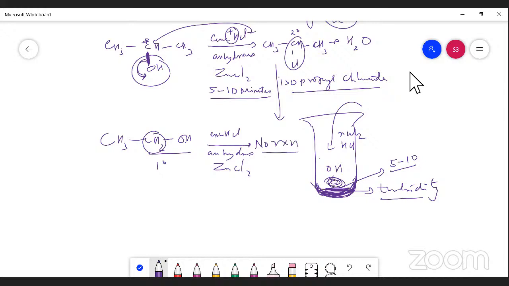There is no reaction with the primary alcohol, but the reaction occurs after you heat the test tube. What will happen? The reaction will take place. What is the product it is going to give? That is the point you should understand.